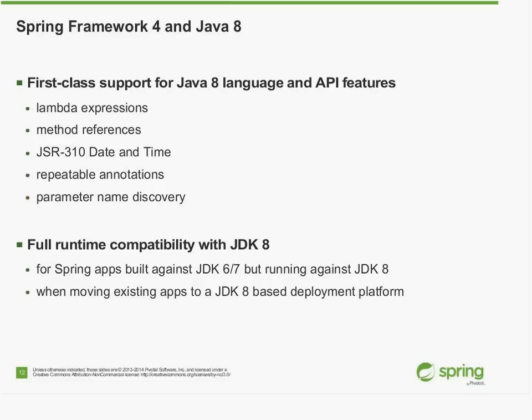Those are all Java 8 features that I'm going to explain to you within the context of a Spring-based application. All of those make immediate sense and are just great to use in combination with typical Spring ways of doing things. That's, of course, first-class Java 8 features.